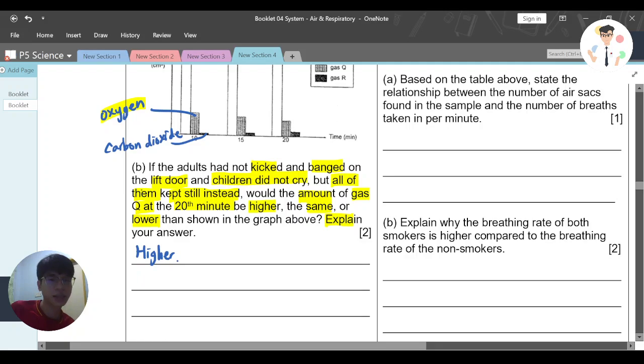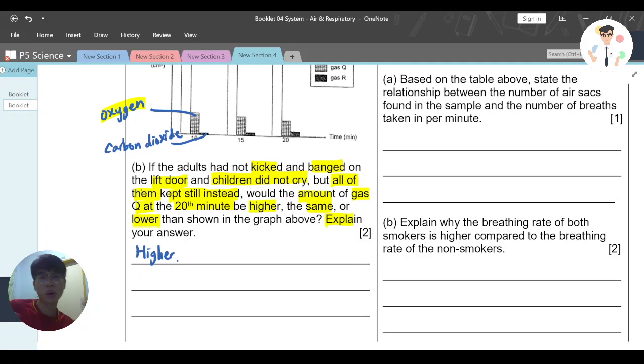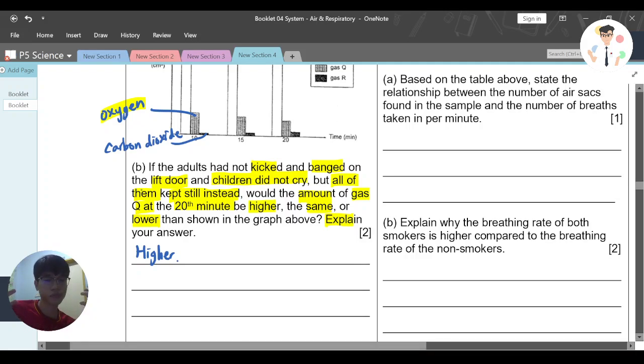Why would they take in less oxygen? Because we know that vigorous activity like kicking, banging, or when there's more movement, causes us to take in more oxygen for the body to break down the food and to do what? To produce energy. That's why what you're supposed to explain is that there will be a higher amount. Why will it be a higher amount? Because if they sit still, there is less movement. And when there's less movement, this will cause our breathing rate to decrease.